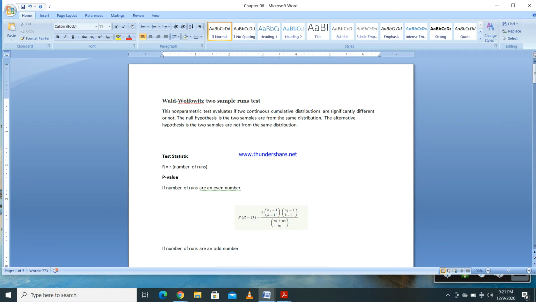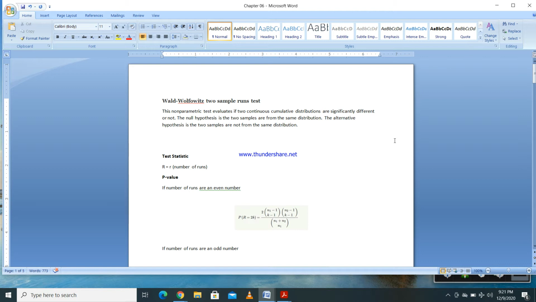I will explain how to calculate the number of runs, okay? And then what we do is we take these two samples and we combine the two samples, and then we calculate the number of runs we have, and that we take as simple r, that is our test statistic. And then we calculate the p-value.